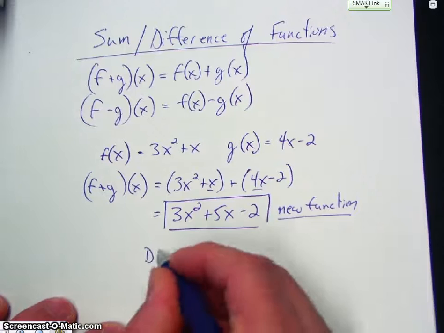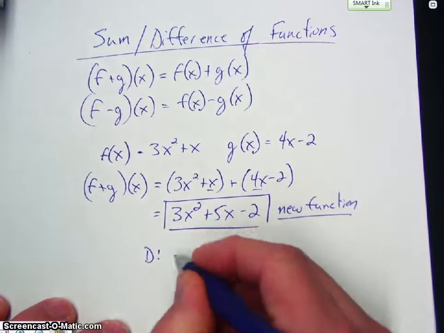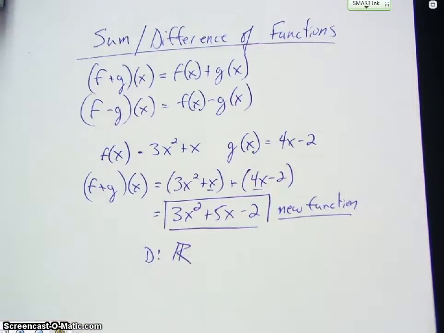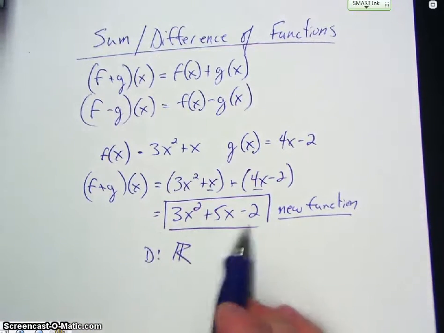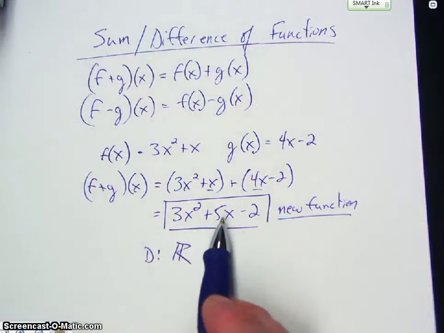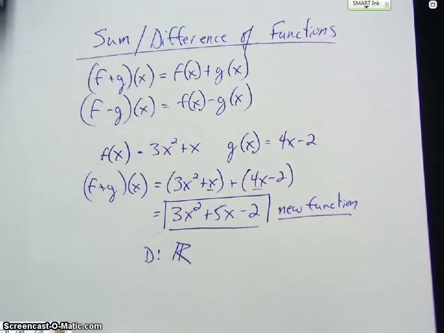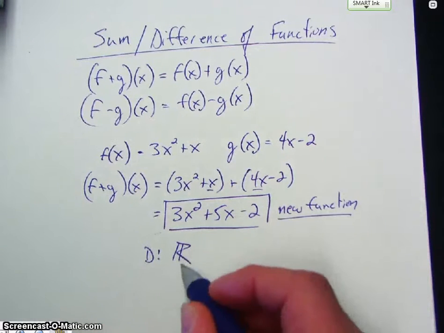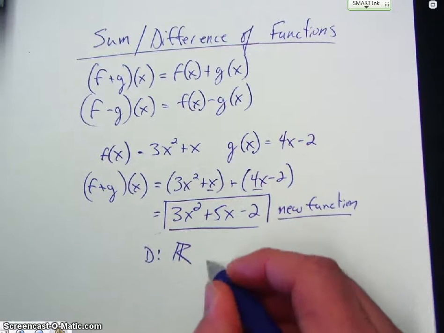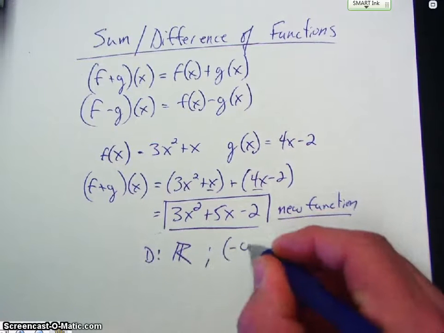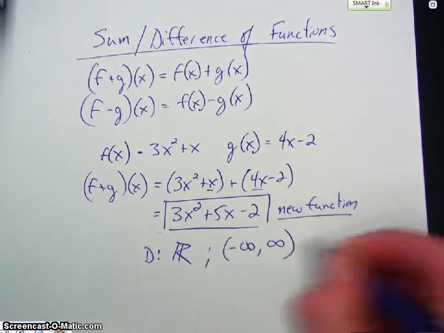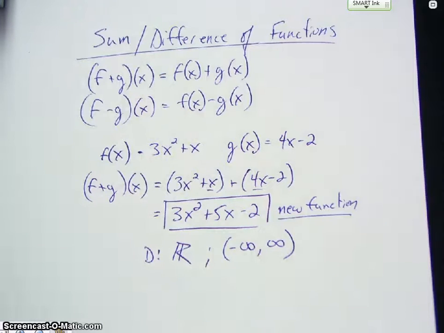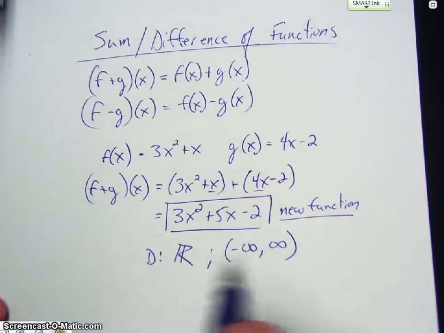Well, the domain on this one is all reals, because there are no fractions with variables in the denominator, and there are no variables inside radicals. So domain is all reals. In interval notation, it'll be written like this. So you need to be able to write these in either notation.